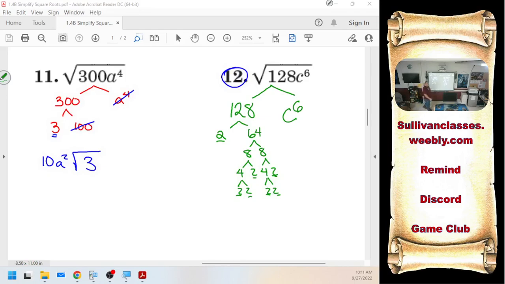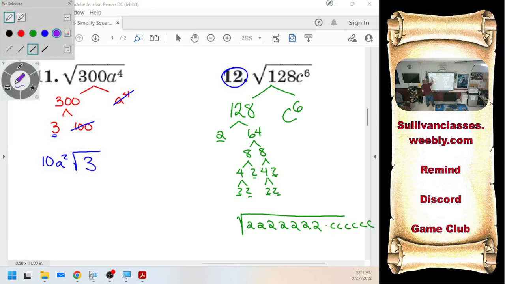Okay? That particular calculator will do the prime factorization of any number. So I can write that out as 2, 2, 2, 2, 2, 2, 2. 1, 2, 3, 4, 5, 6 pairs. And you can circle a whole bunch of pairs.